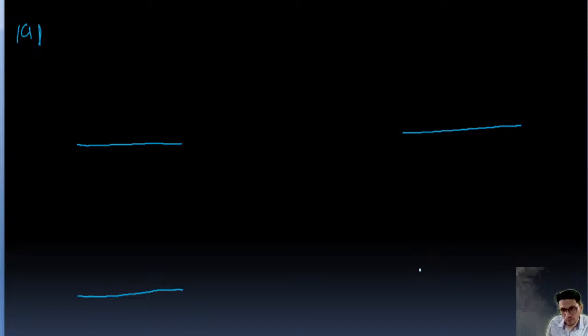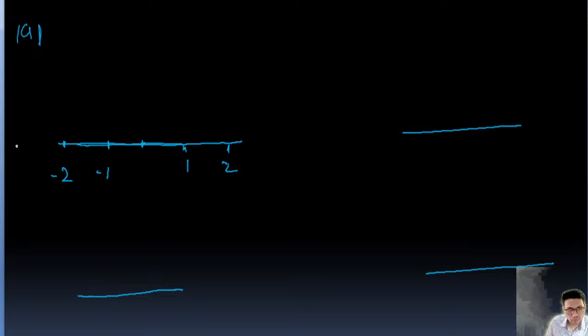So this is option A. This is 0, this is 1, this is 2, minus 1, minus 2, minus 3, this is 3.